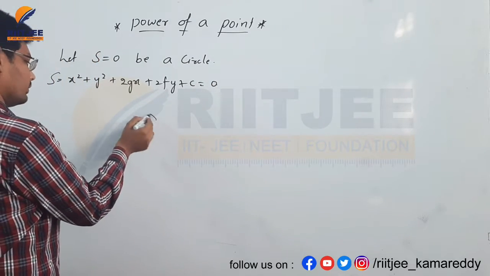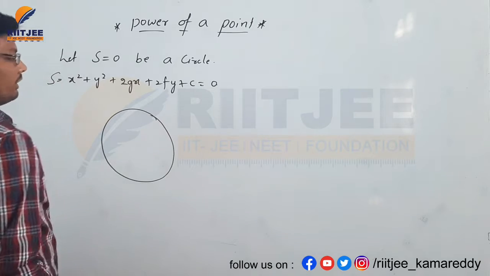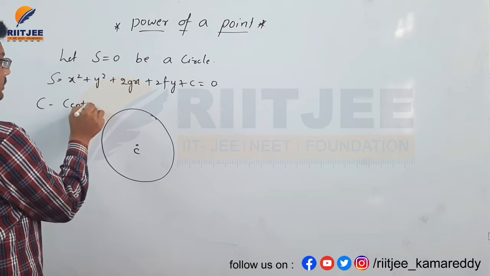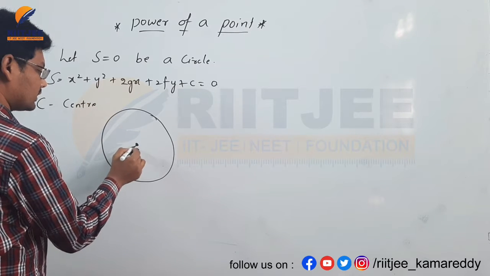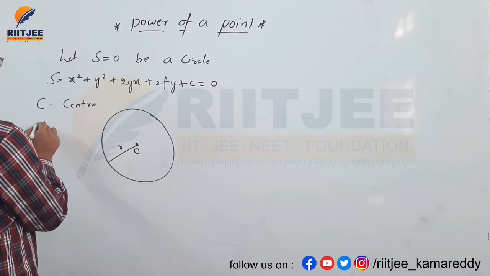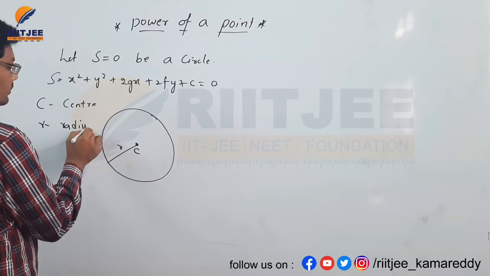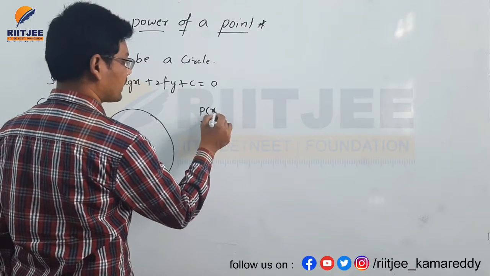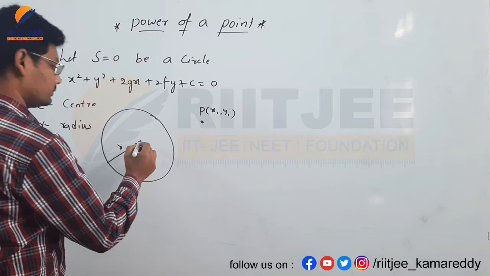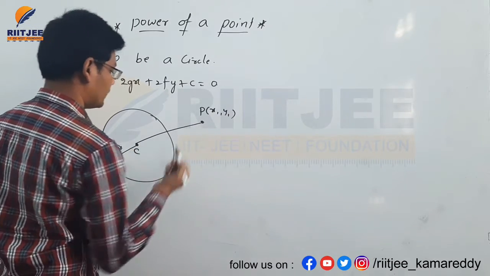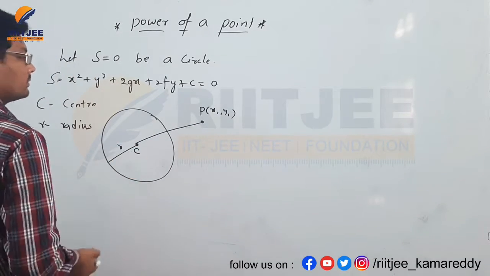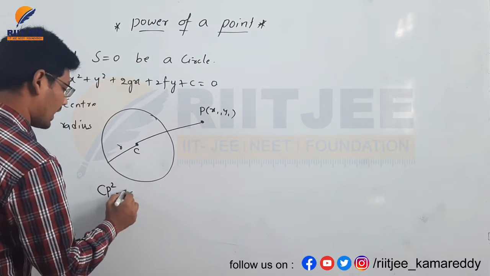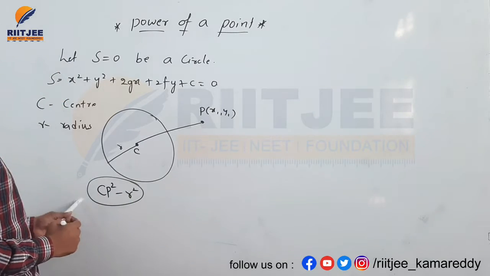I am drawing a circle with center C and R as the radius, and a point P outside of the circle, that is P(x1, y1). CP² − R² is called the power of a point.